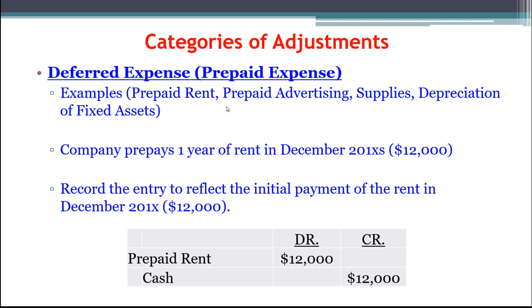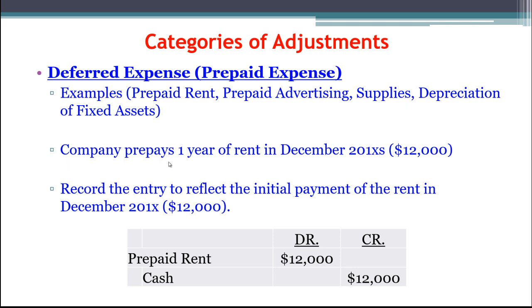Things like prepaid rent, where we paid rent in advance, prepaid advertising. When we purchase supplies, we're not going to use them up till a later period. That's an adjusting entry. Depreciation, in other words, we bought a building, we're going to use it for 20 years, so we're going to expense that over 20 years. So those are all examples of adjusting entries.